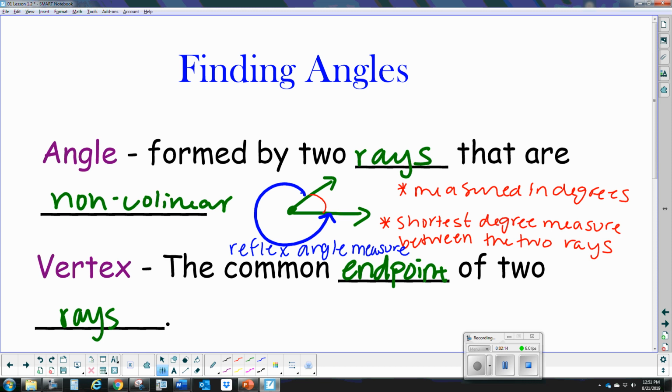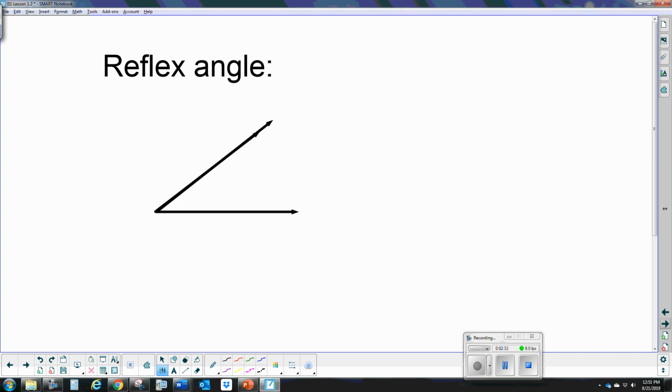The reflex angle measure will always be less than 360. So if you look at your notes sheet, we talked about reflex angle. Again, that's the longer distance between two rays. It's still measured in degrees.